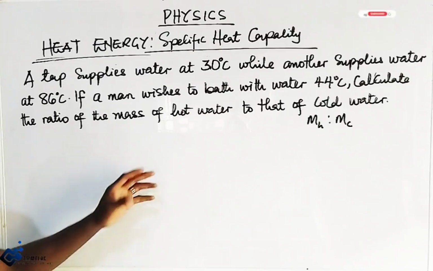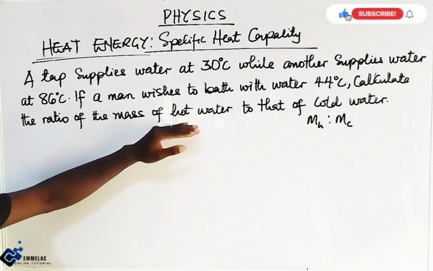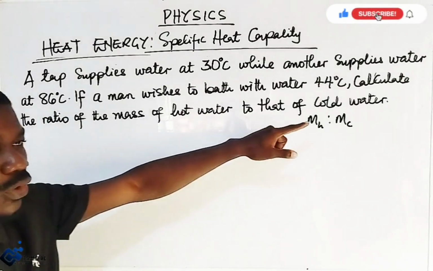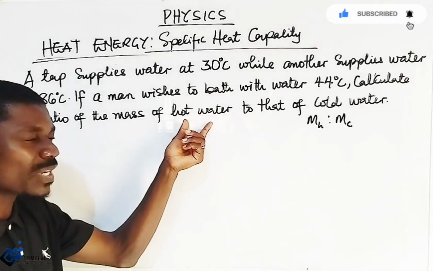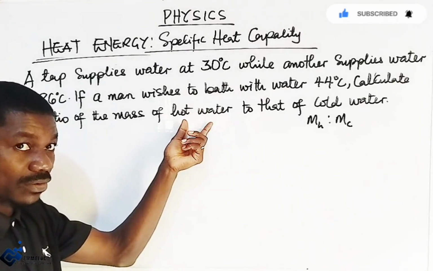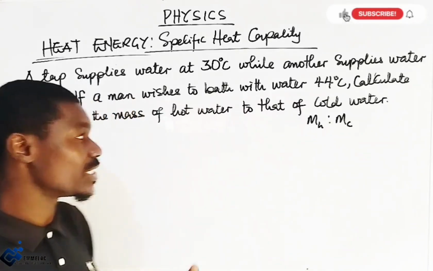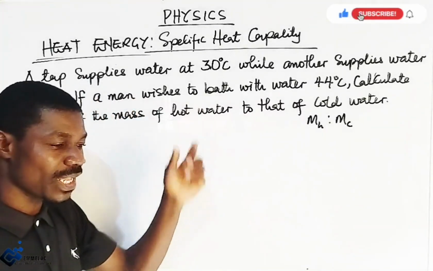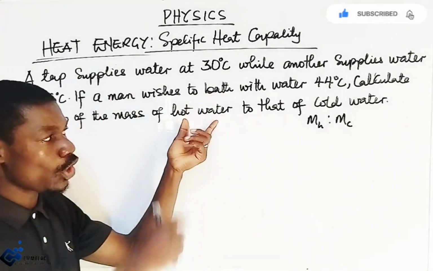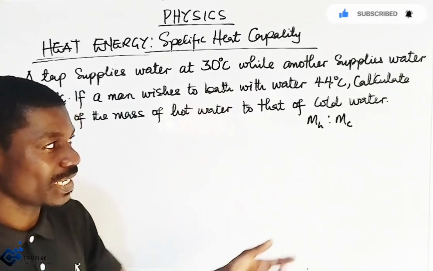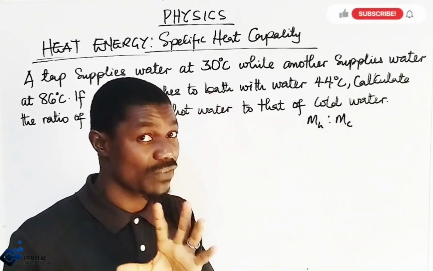Since it involves hot and cold, take note that when hot water is mixed with cold water, the hot water releases energy, while the cold water receives the energy released from the hot water. In a natural sense, you can say that the heat lost by the hot water is gained by the cold water, if that makes sense.